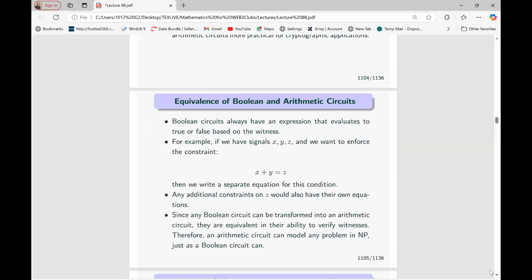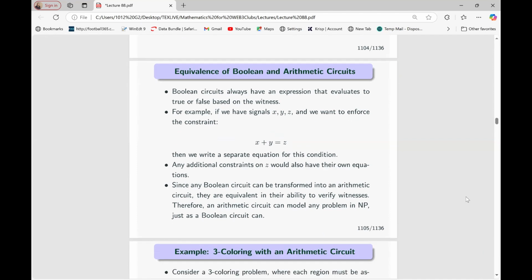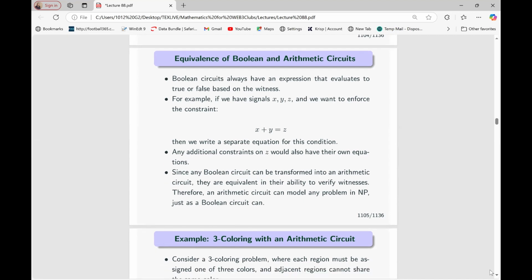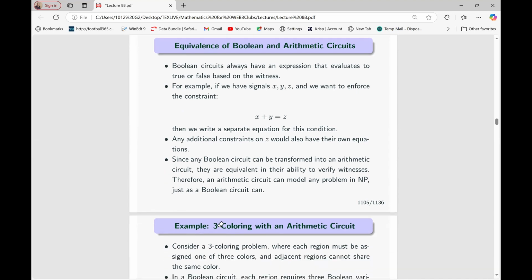Of course, I said they'll be doing the same thing, only that one has an advantage over the other. Now, I think we can stop at that, so that when we meet next, we look at the three coloring problem with the arithmetic circuit. This will be a way of getting to know how to write the arithmetic circuit.